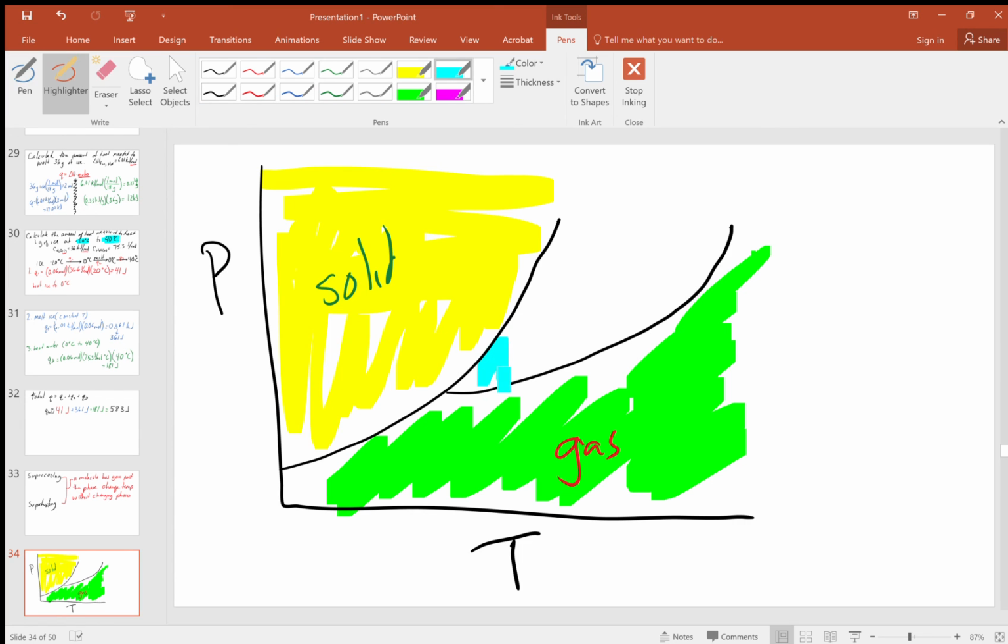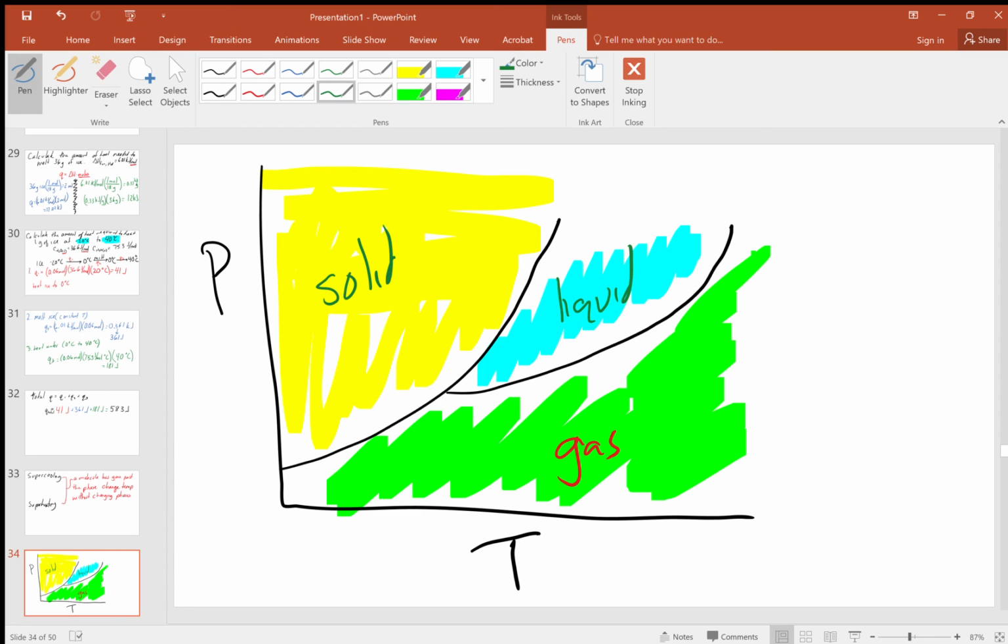And then this intermediate region are where we find liquids. And then these lines that appear, those are where the phase changes could take place.